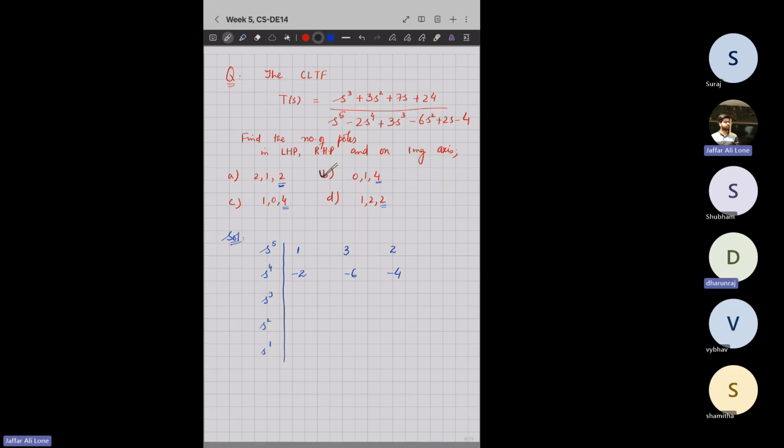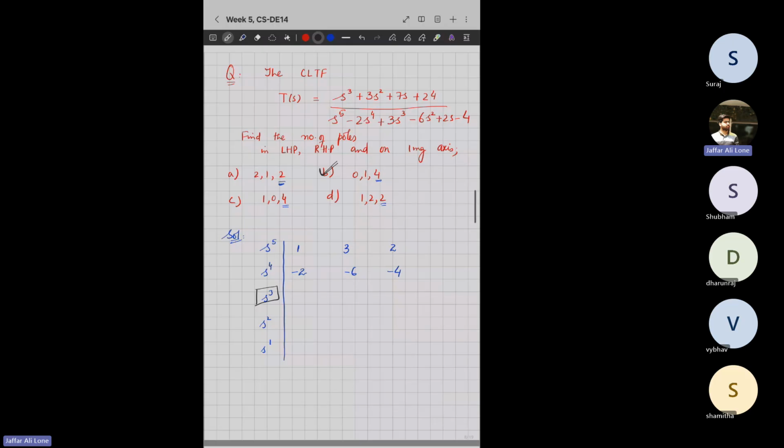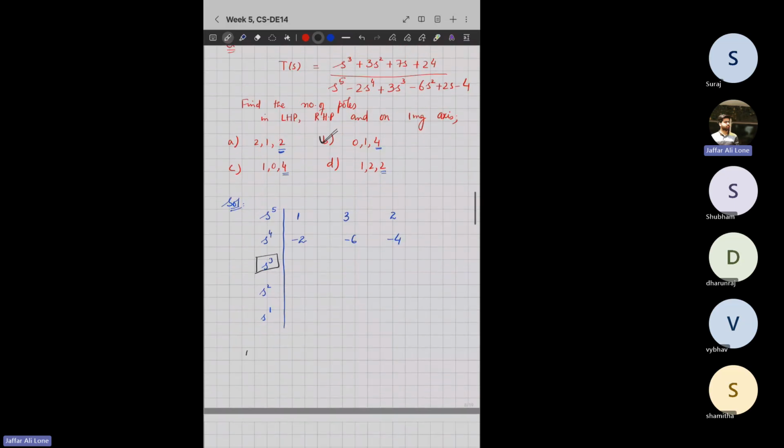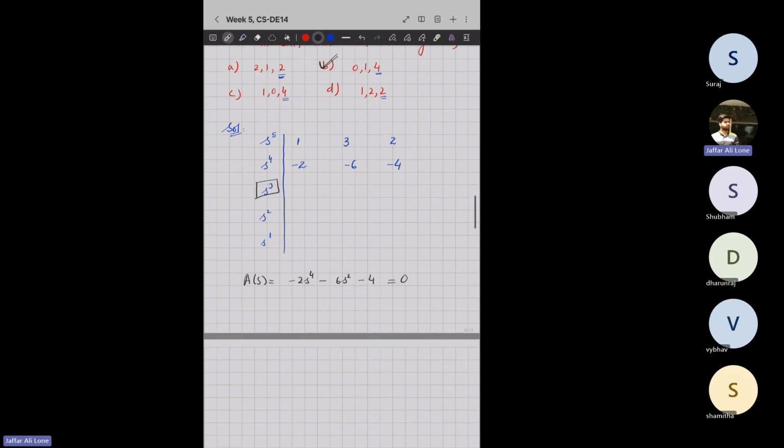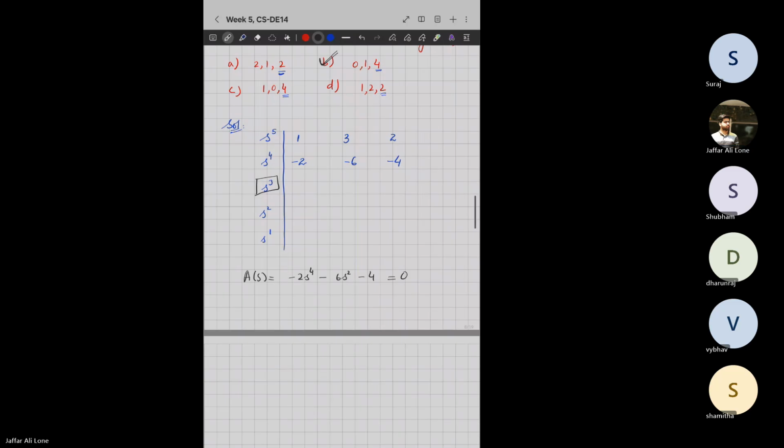S3 is the row of zeros, sir. S4? Okay, this row. This row is the row of zeros? Yes, sir. Then we will make the auxiliary equation. So what will be the auxiliary equation? Whatever I wrote, is this correct? Auxiliary equation, Shubham? Yes, sir.